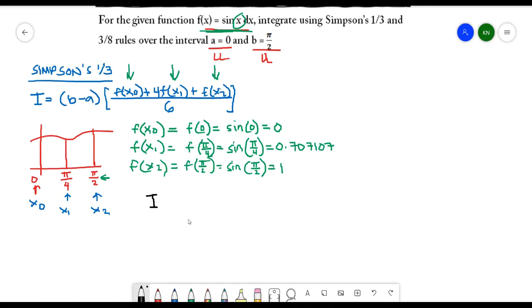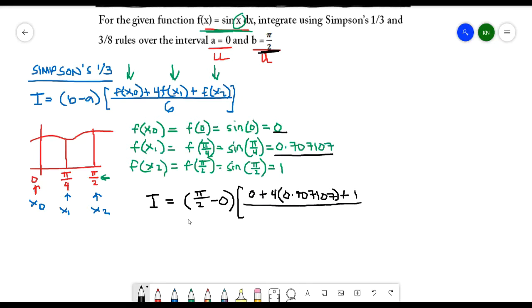So we have I equivalent to b minus a, in which our b is pi over 2 minus our a, which is 0, times our f of x sub 0, which is 0, plus 4 times our value of x sub 1, which is 0.707107, plus our x sub 2, which is 1. So that is divided by 6.